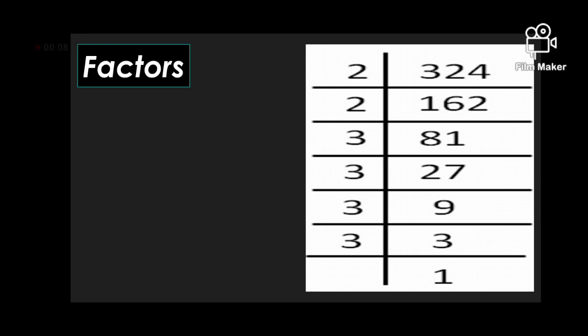324 is an even number and 2 is a factor of every even number. So we can divide 324 by 2. When we divide 324 by 2, 2 multiplied by 162 means 324. So 162 is a composite number, so we have to split it into prime factors. 2 81s are 162.